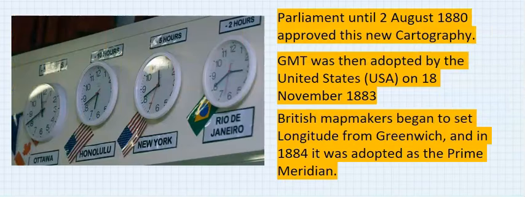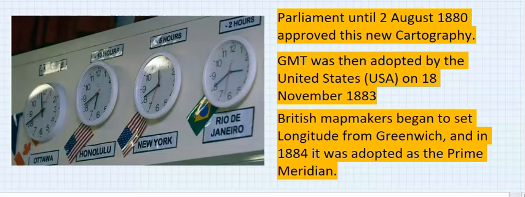On 2nd August 1880, the British Parliament approved this new system. 3 years after, on 18th November 1883, the United States adopted GMT.